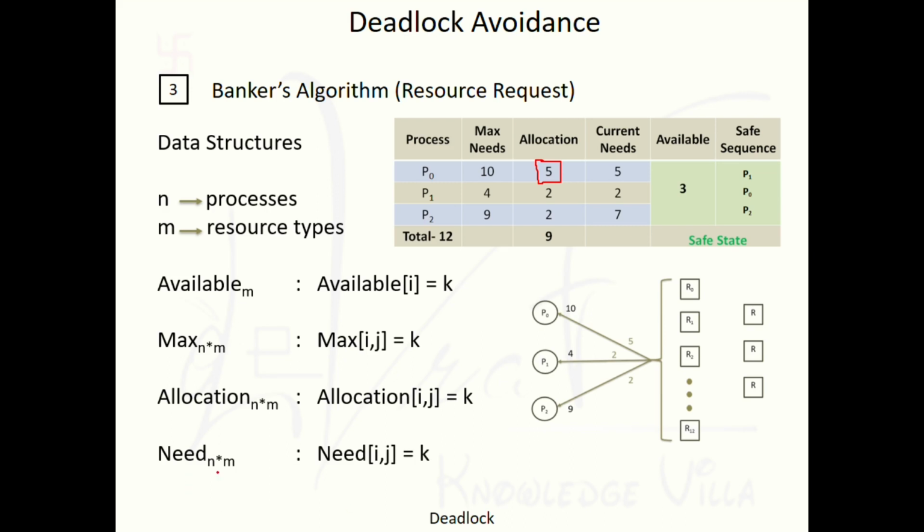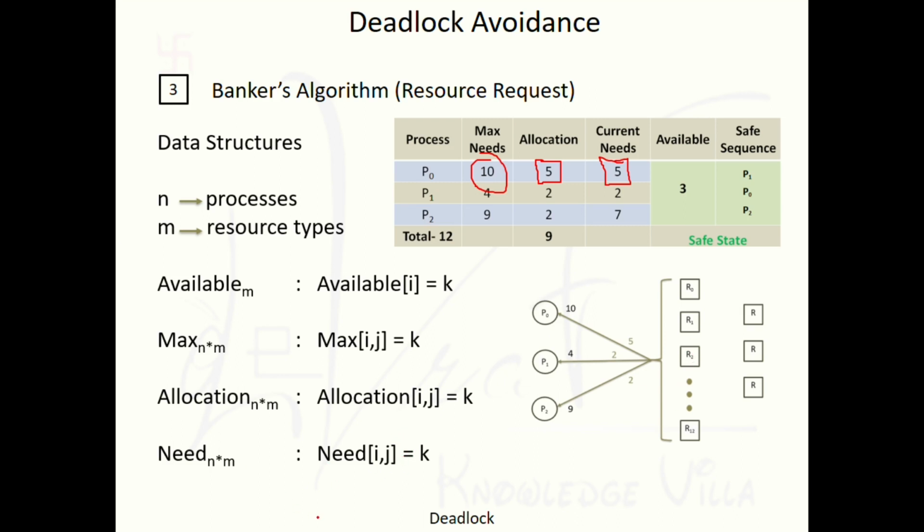Next thing, that is Need, n cross m, Need[i][j] is equal to k. What Need is representing: after allocation, there are still some needs of the process. Like the maximum need was 10, but out of 10, 5 resources are already allocated, so currently 5 more resources are required. So process P0 needs 5 more instances of resource type m, whether it is R2, R3, R4, whatever.